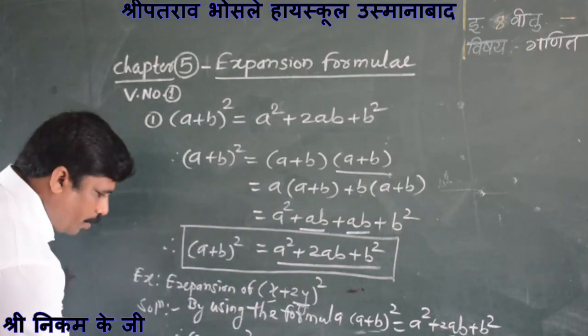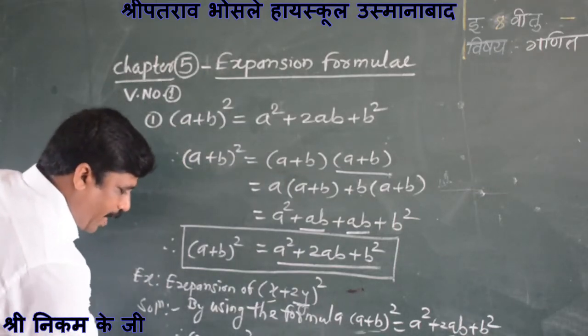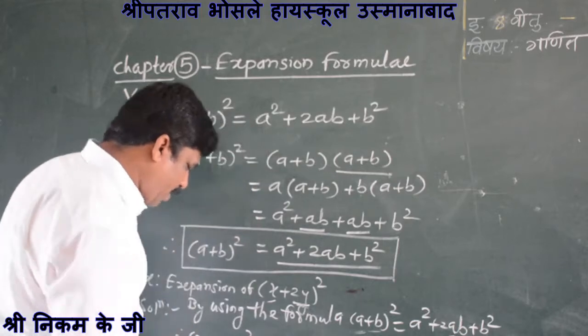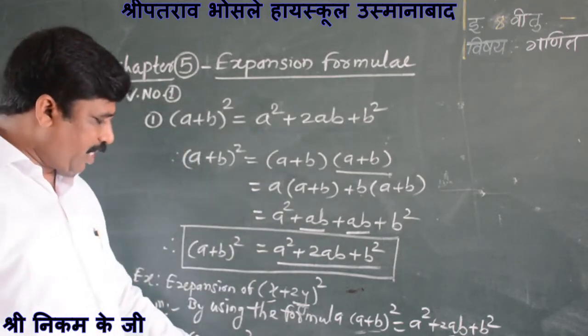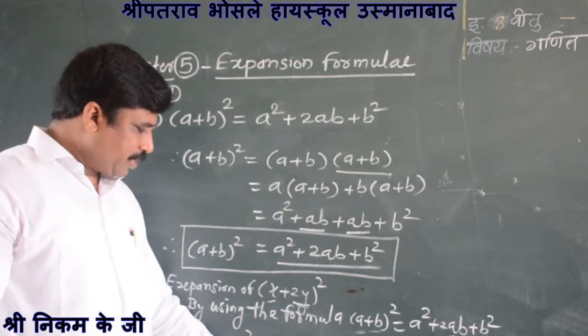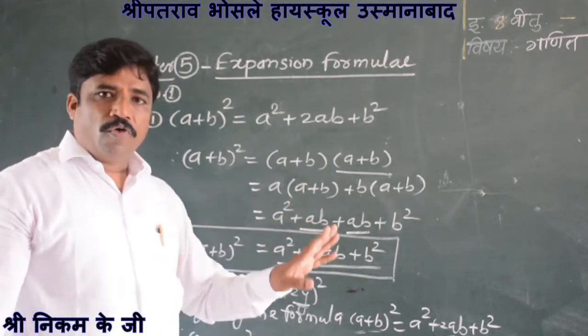Therefore the expansion of (x plus 2y) square is equal to x square plus 4xy plus 4y square.